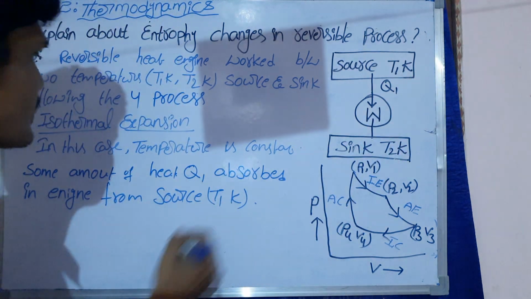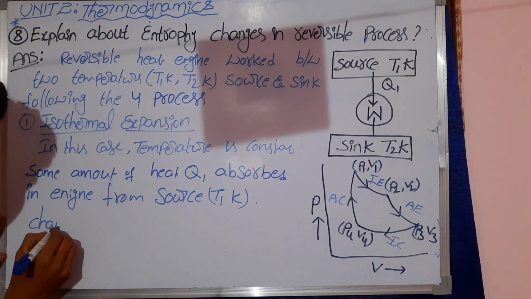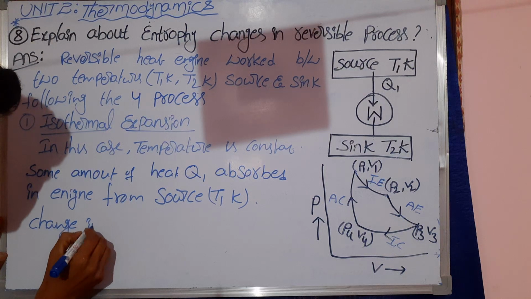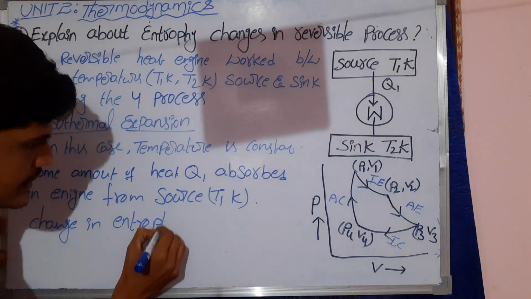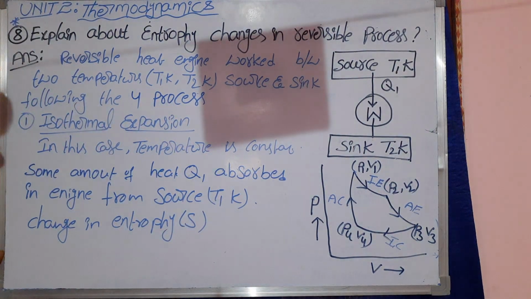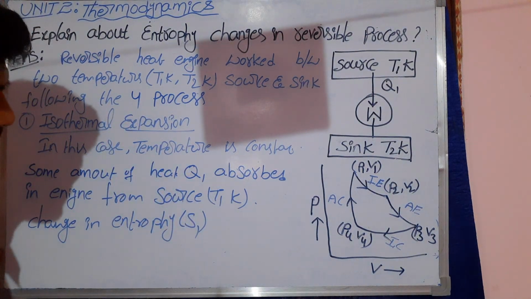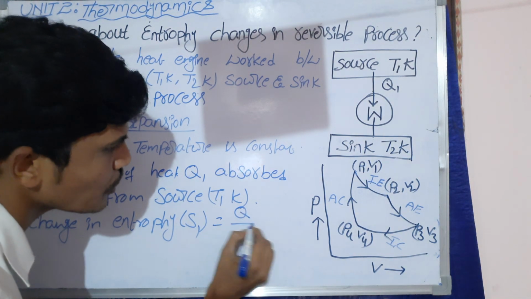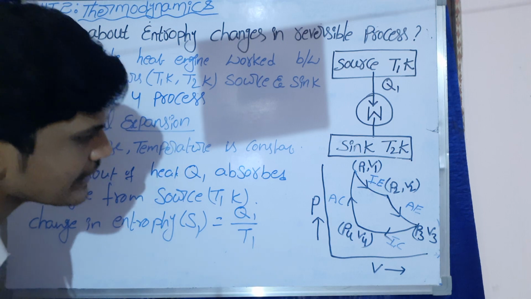So T1 Kelvin source. The change in entropy is indicated by S. So for the first process, S1 equals Q by T, so Q1 by T1.